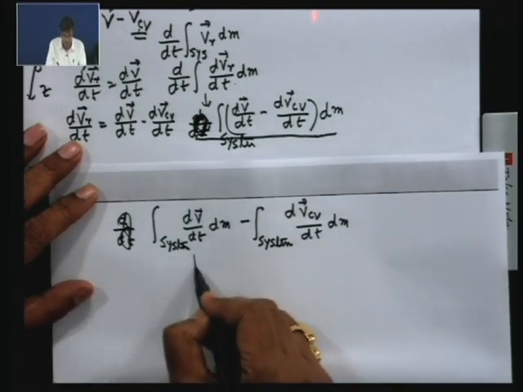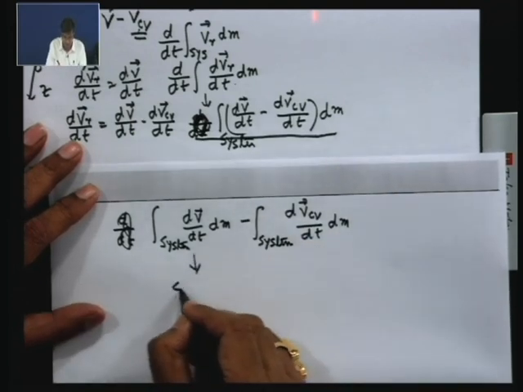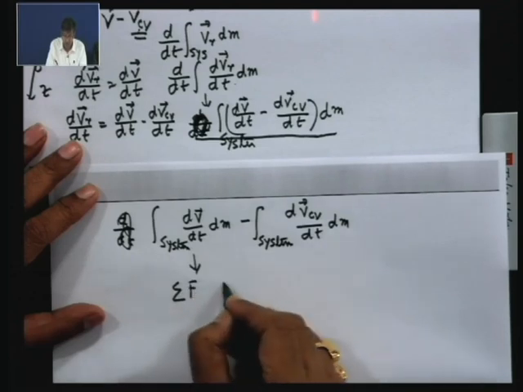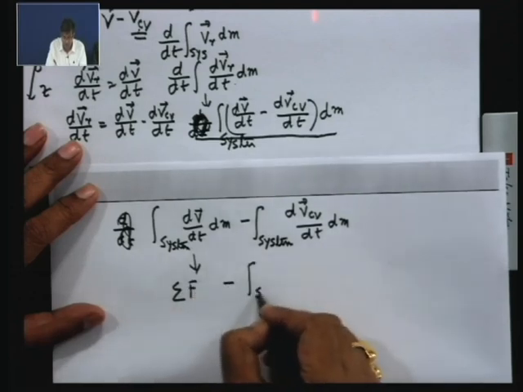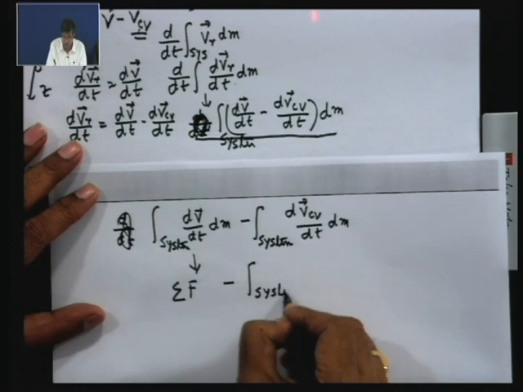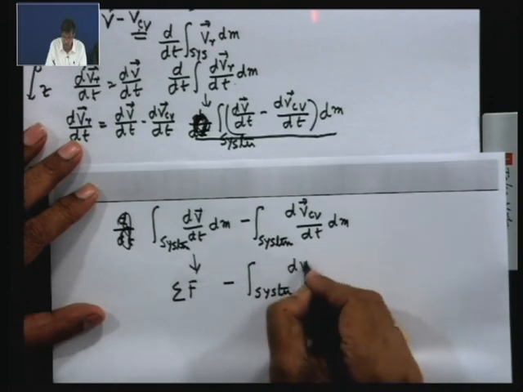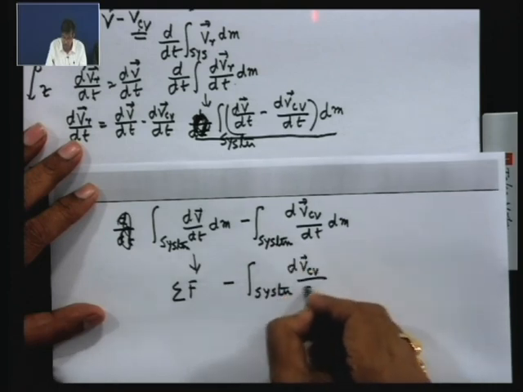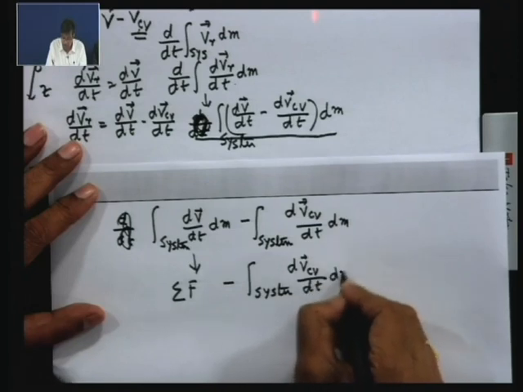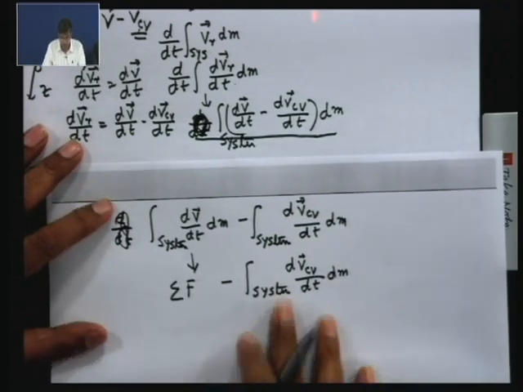This now by the earlier principle is sigma F. And what is this? This is as usual system dV_CV/dt into dm. Now, this system coincides with the control volume.